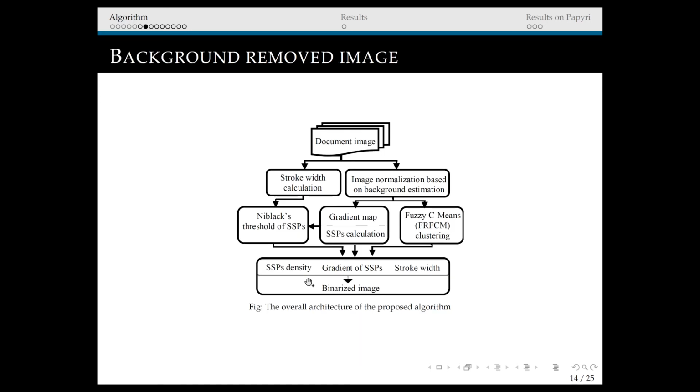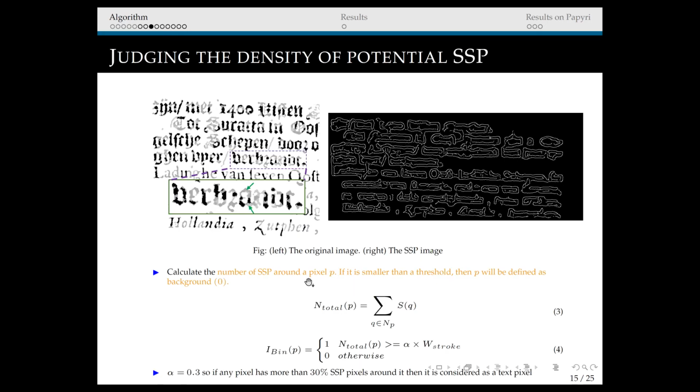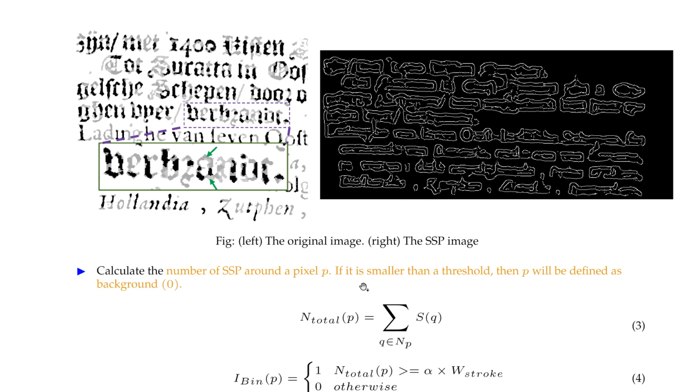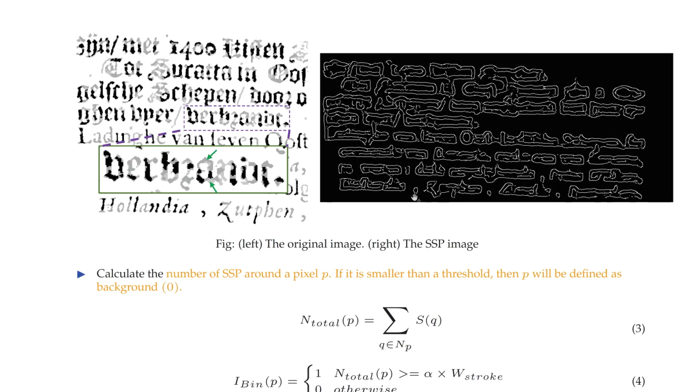So for that, we do a certain amount of checking and verification based on the idea that a confused pixel should be surrounded by many SSP kind of pixels.